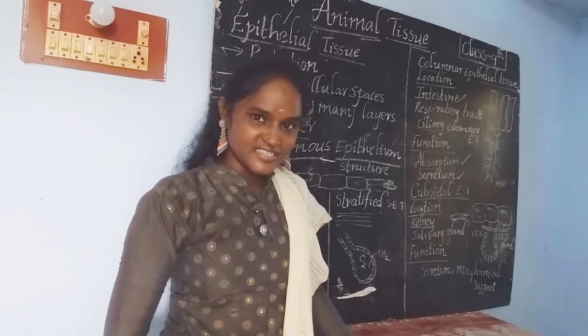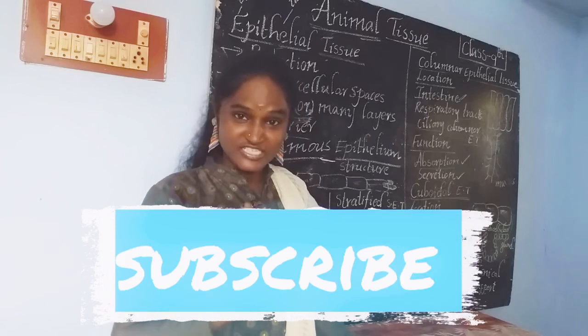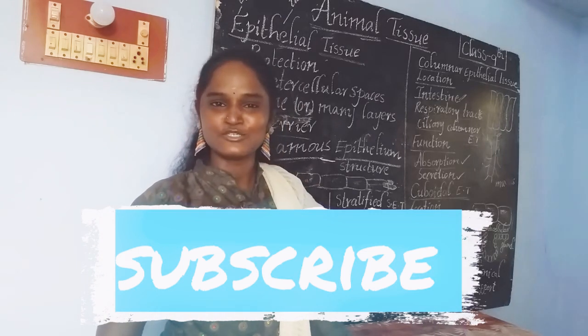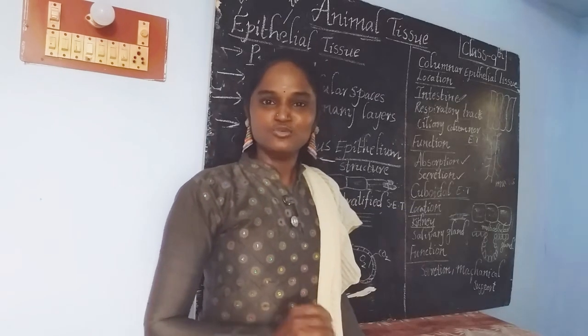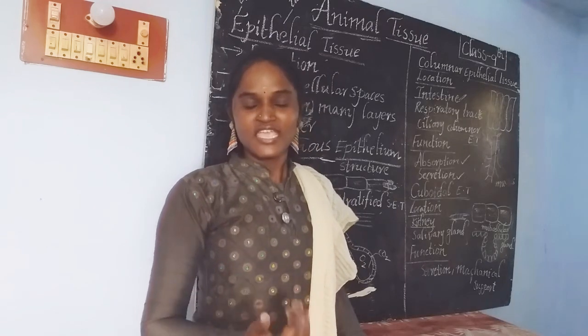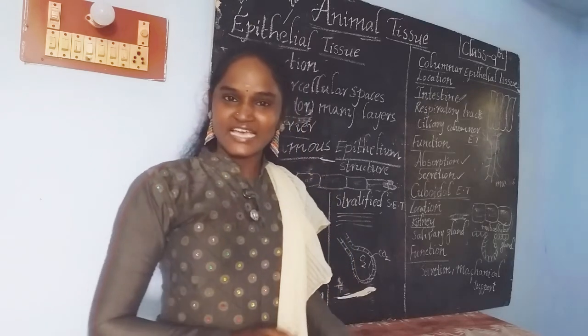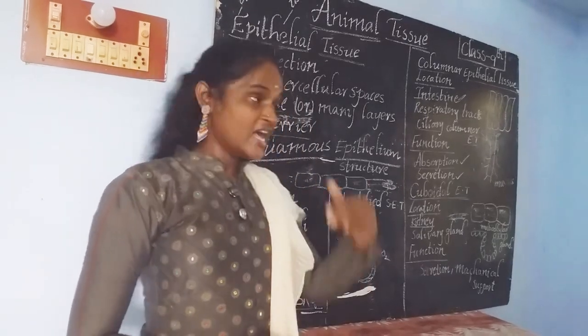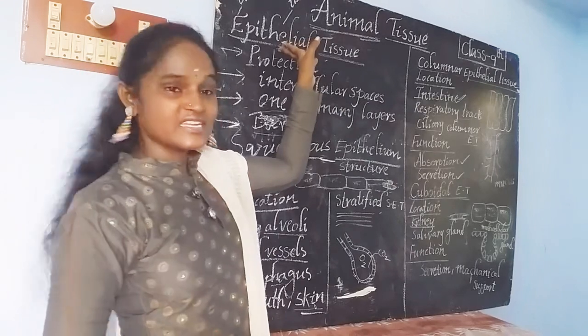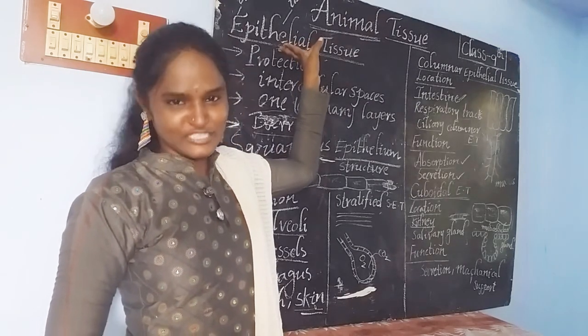What are they? The first one is epithelial tissue, then connective tissue, muscular tissue, and the last one, nervous tissue. And in today's class, we are going to discuss epithelial tissue.